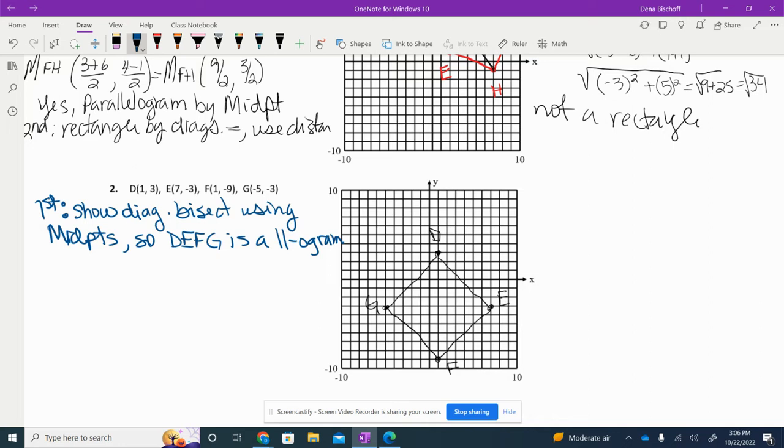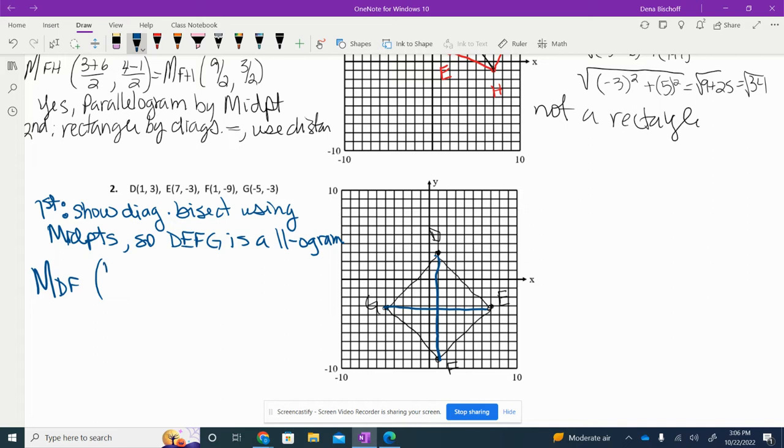All right, so midpoints. If I connect my diagonals, just so you can see, I have diagonal DF and diagonal GE. So the midpoint of diagonal DF. Remember your midpoint: x1 plus x2 over 2, y1 plus y2 over 2.